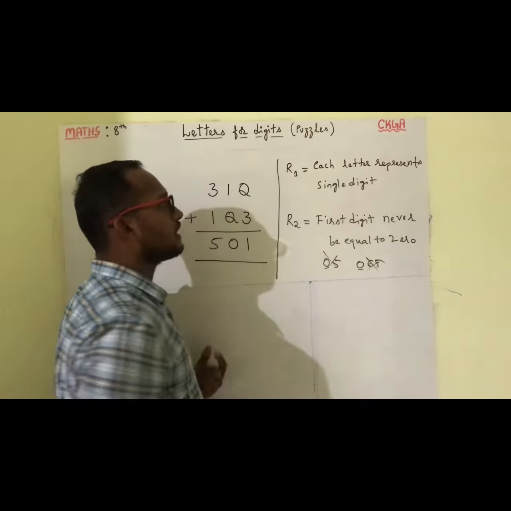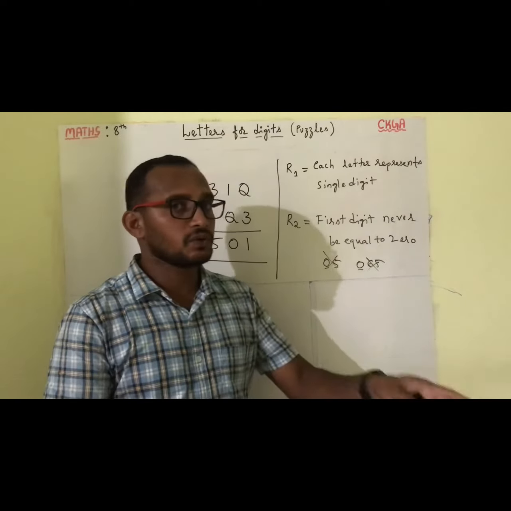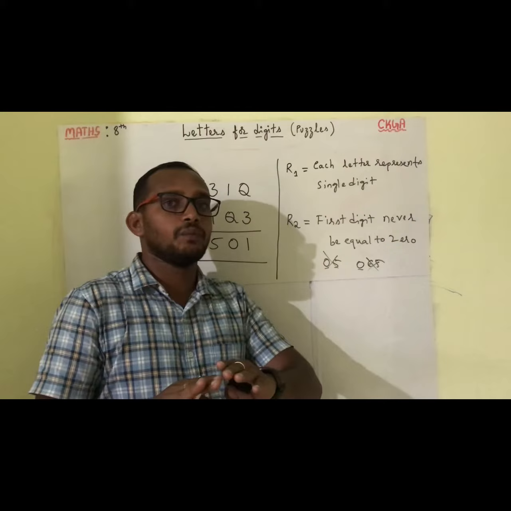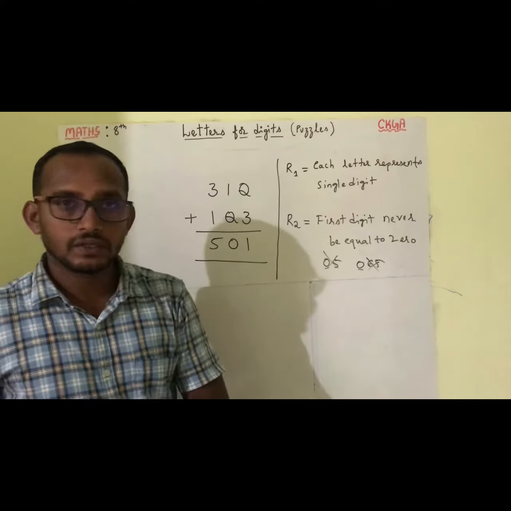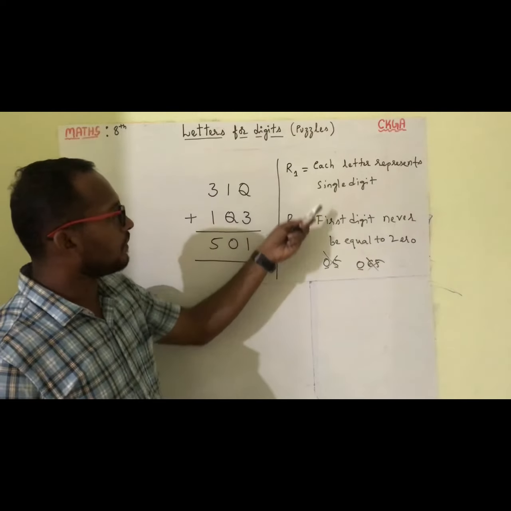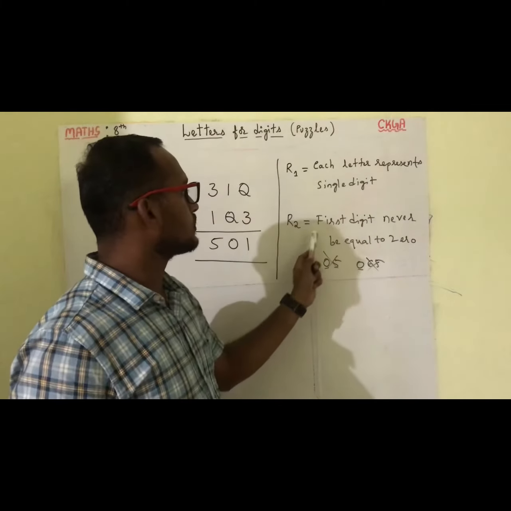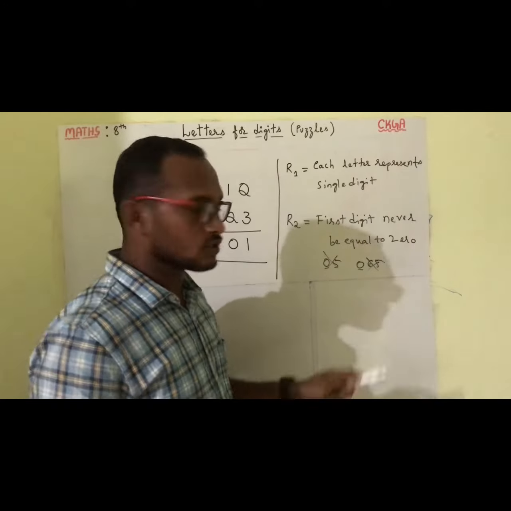And each letter represents a single digit, which starts from 0 to 9. You can't go beyond 9 and you can't go less than 0. Keep these two rules in your mind: each letter represents a single digit, and the first digit is never equal to 0.